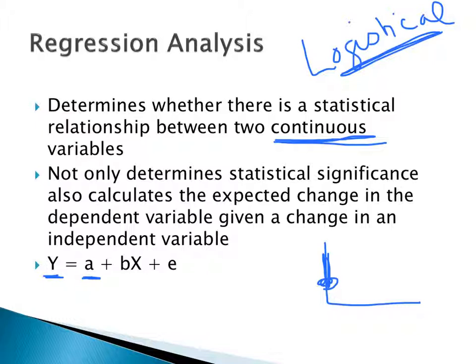B is the slope of the line. So depending upon the line that goes through the data, is the slope steep or not so steep? And then E is always that unexplained variance that we just have with every equation. So we're never going to capture 100% of the variance in a statistical equation.